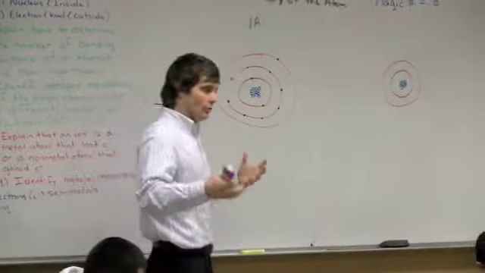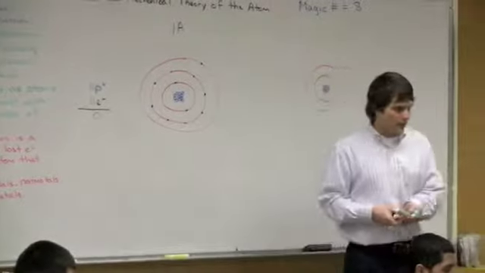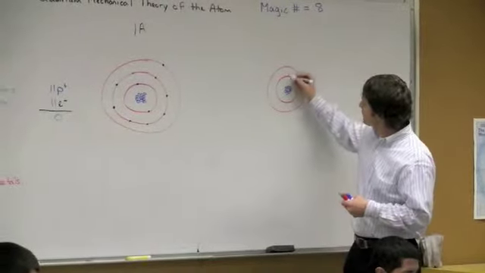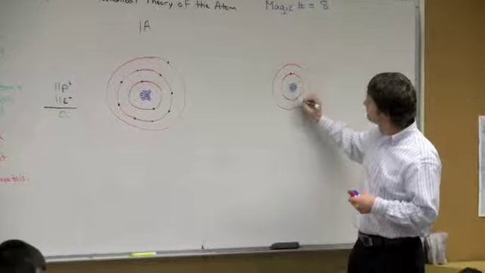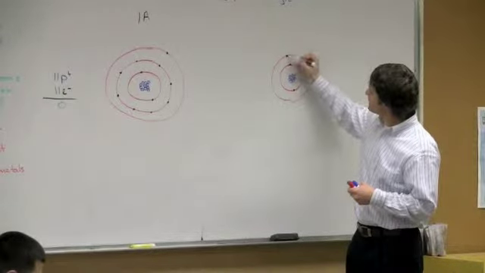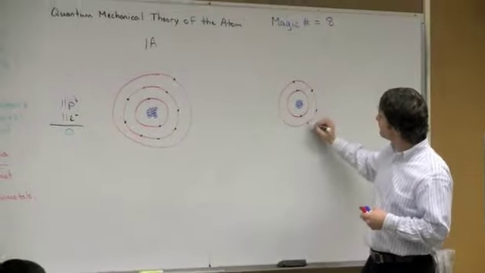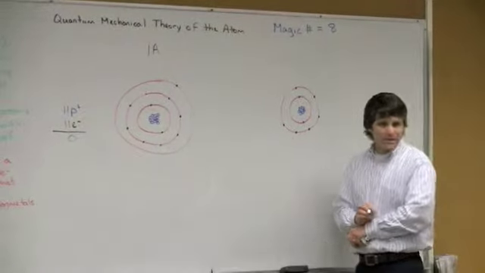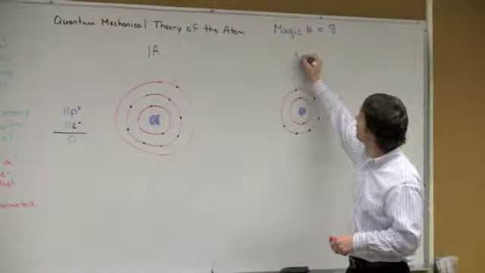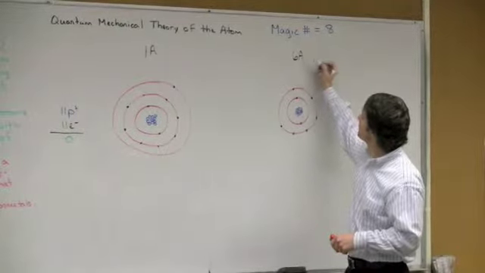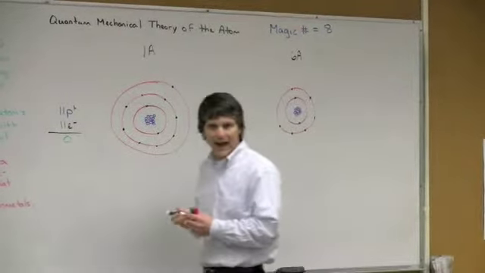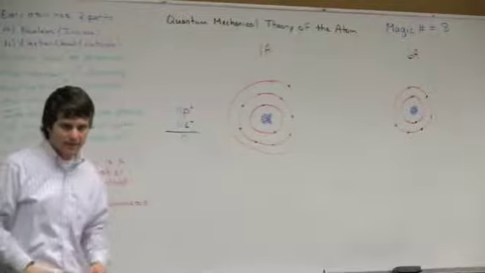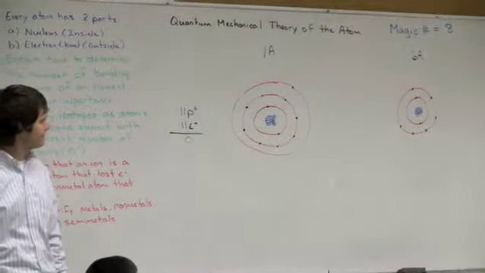I learned how to arrange these electrons in the energy levels. So I put 2 electrons in the first energy level. And in the last energy level, I put 6. The way I know that it's 6 is because it's in column 6A, which indicates that there are 6 electrons on the outside.